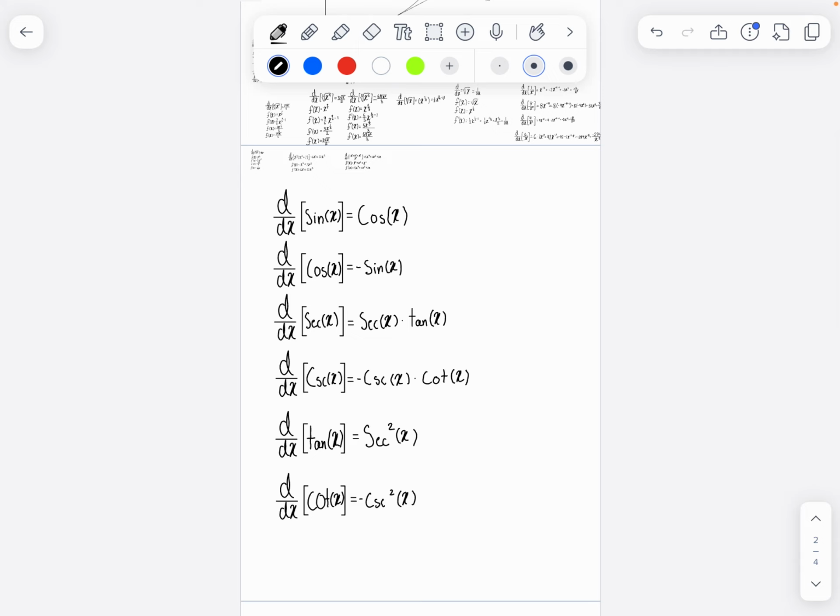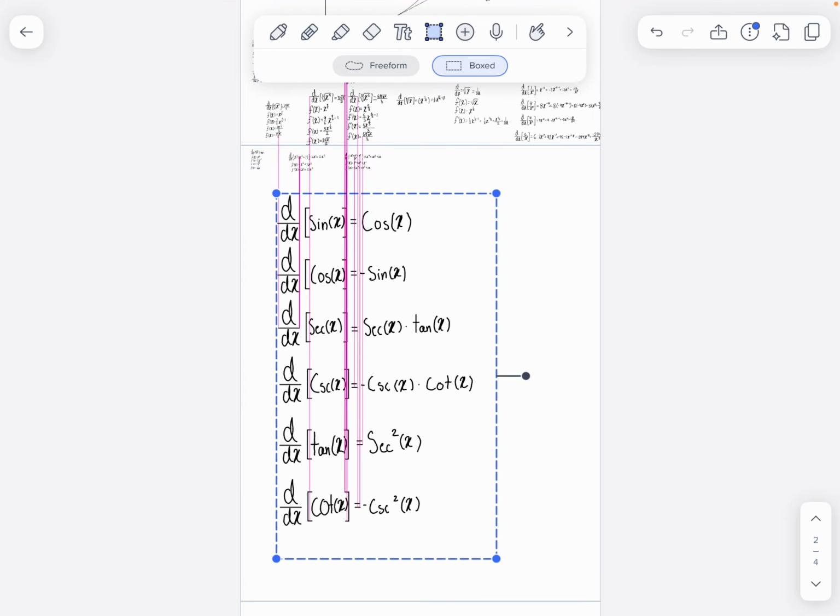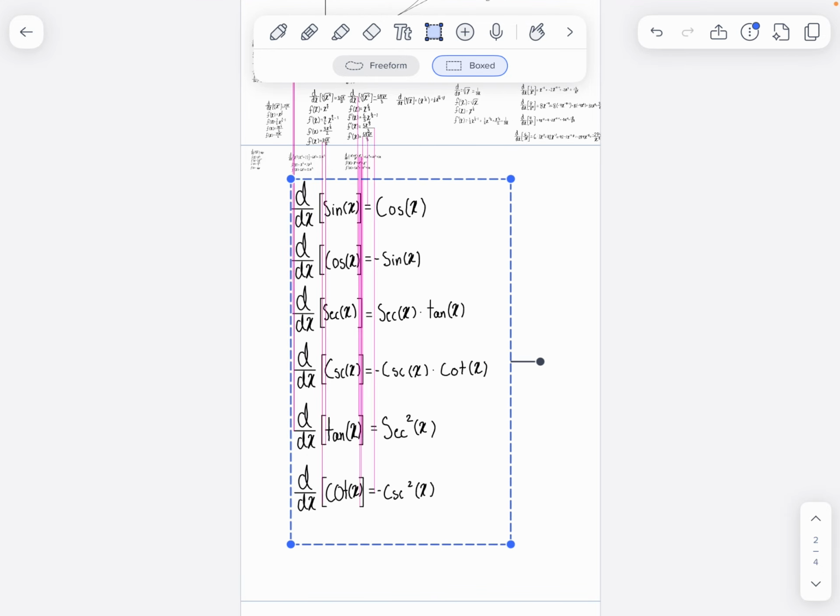Okay, so hopefully you copied those down, and now there's going to be even more formulas to memorize. Yay.